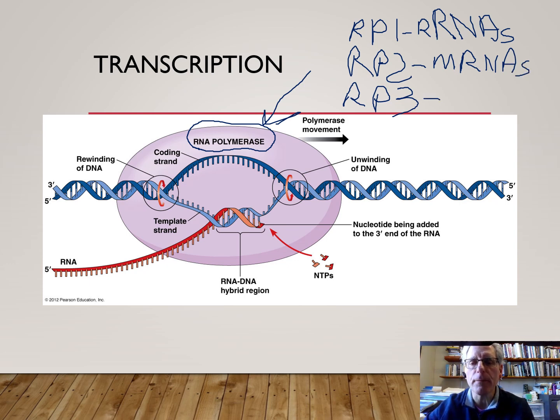RNA polymerase 3 makes tRNAs. It makes one of the ribosomal RNAs, the 5S, the smallest of the ribosomal RNAs.